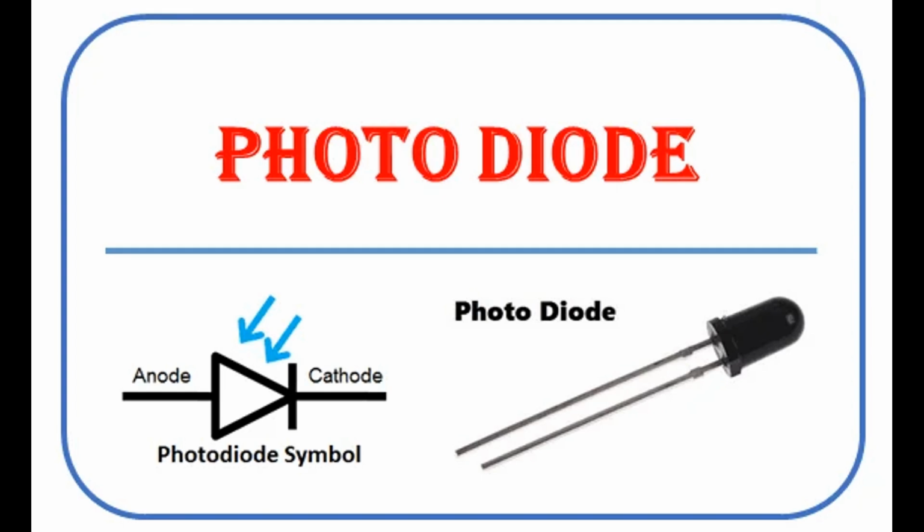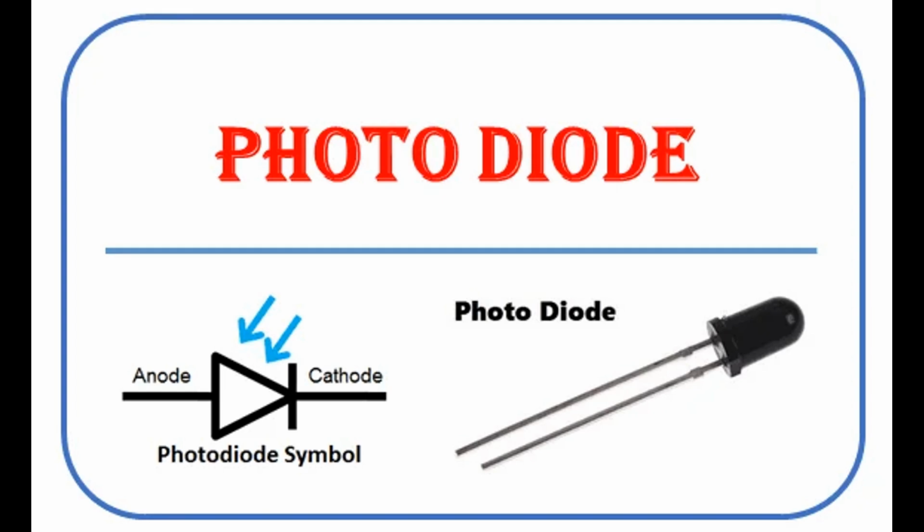Commonly used in touchless switches, hand dryers, and parking sensors in vehicles. Optical encoders. In industrial machinery and robotics, optical encoders use photodiodes to detect the position or rotation of a motor shaft or mechanical component by reading light patterns from a moving disk. Laser rangefinders. Photodiodes detect the reflected light from a laser in rangefinders, allowing precise distance measurements based on the time of flight of the laser pulse.